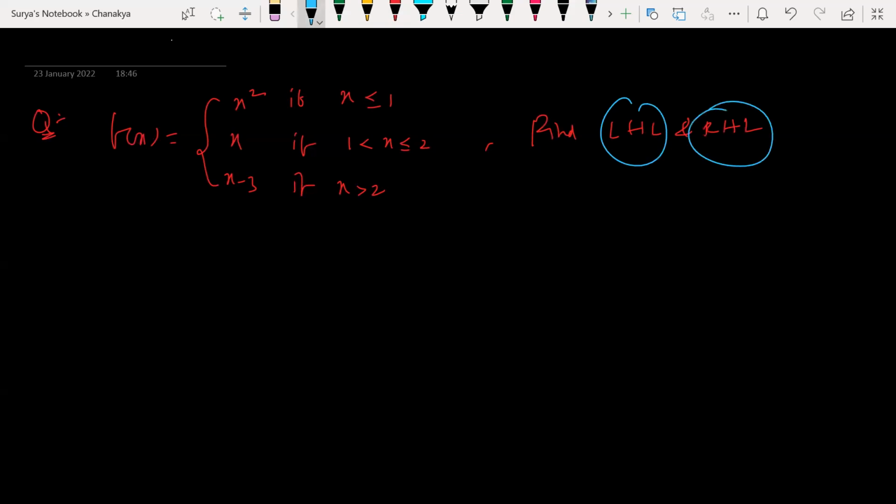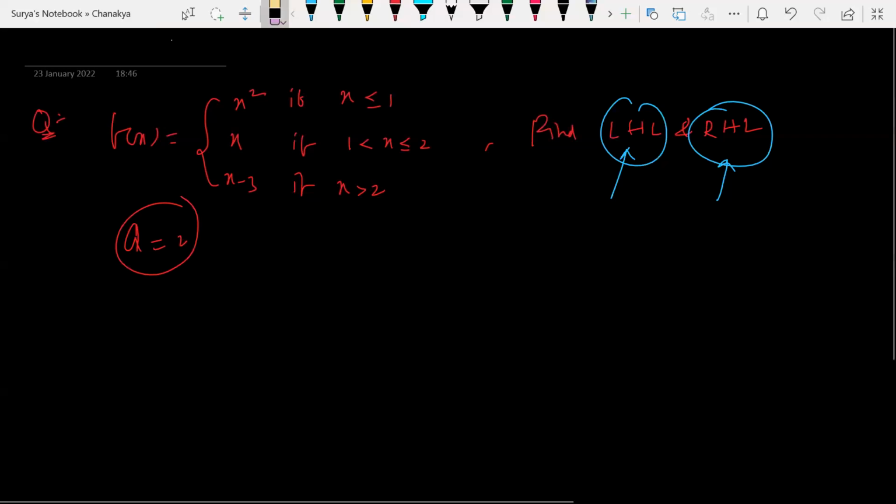Find LHL and RHL. How do you find out LHL and RHL, Niyati? To say whether the limit exists or not, we need to first find LHL and RHL. What is the process? He has given that the function breaks at a is equal to 2.